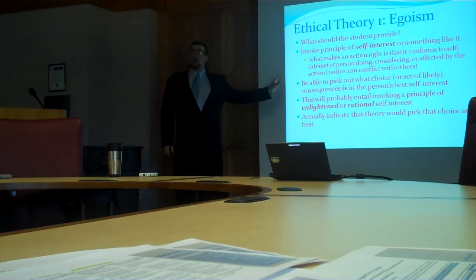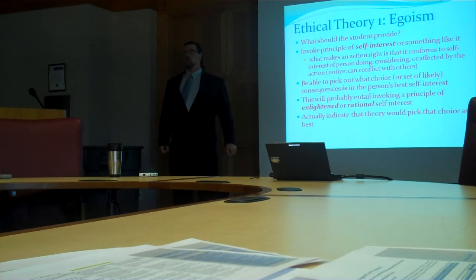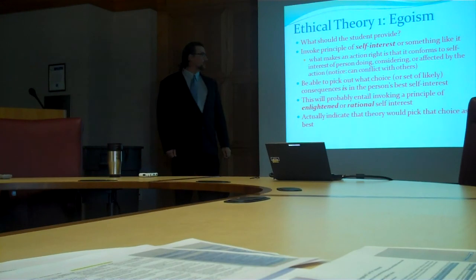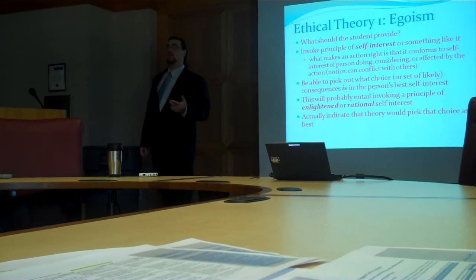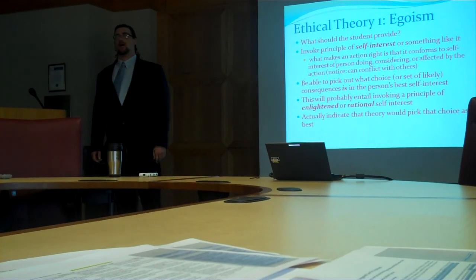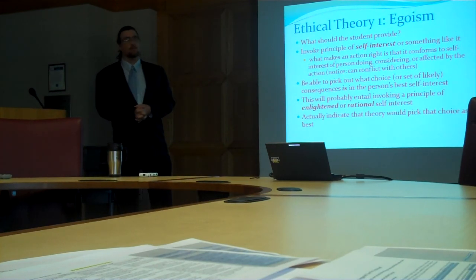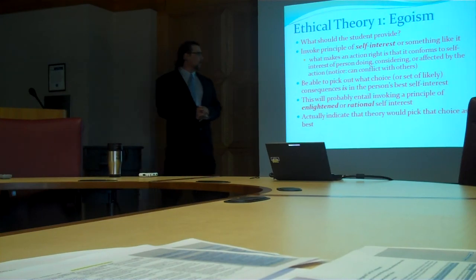So what do they have to do then? They have to be looking at the consequences that are likely to result from the action in the situation. It's not just enough to say, well, this is in my self-interest. They have to be able to identify what actually is in the person's interest. So they're probably going to have to invoke something like the principle of enlightened or rational self-interest in the kind of cases that you're giving them.